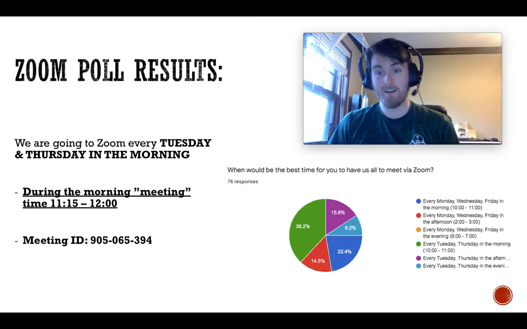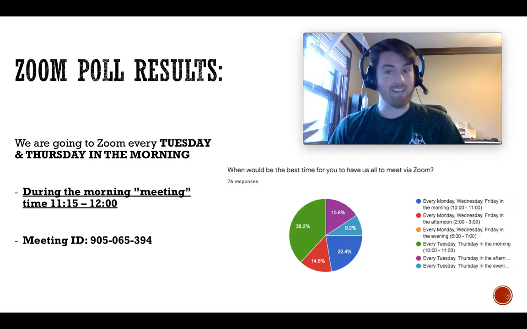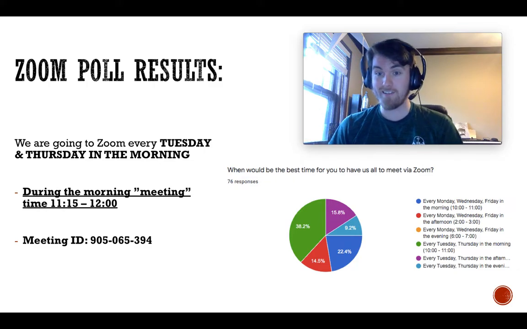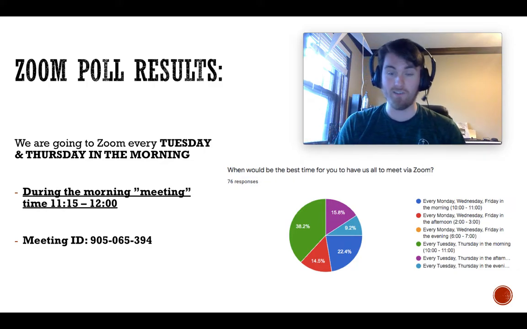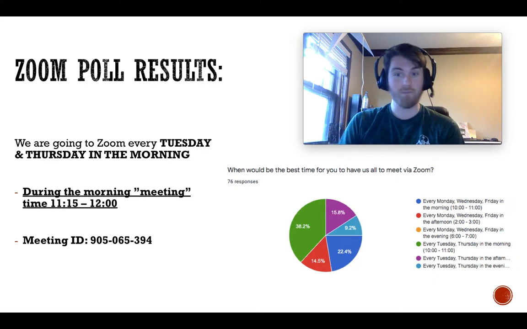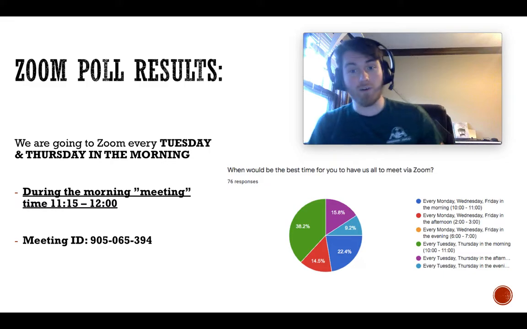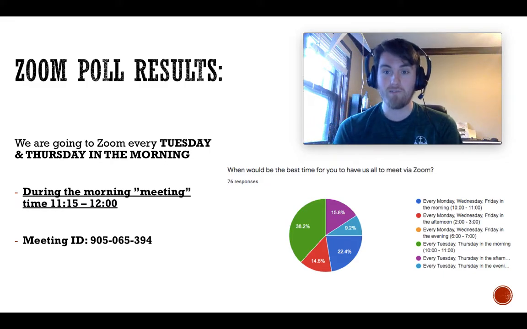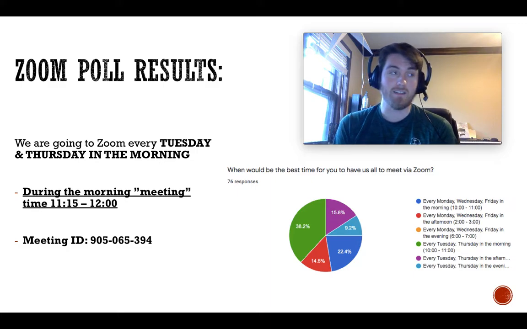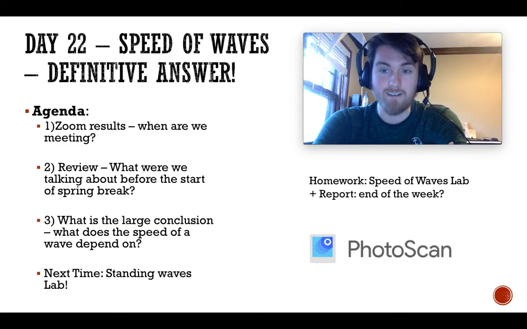You only come if you have questions or want to work on something with me. It is not a requirement that you stay for the entire time. You can hop in at 11:30, ask me one question, and be out at 11:35. Fantastic. I'm going to record every single one again and post them to the YouTube page, as I've been doing, so everyone can be caught up. That's our idea.